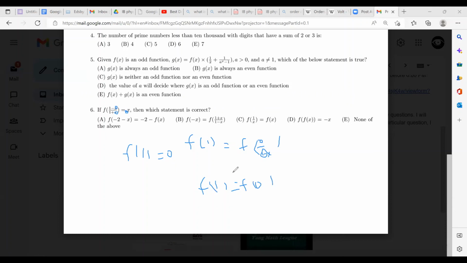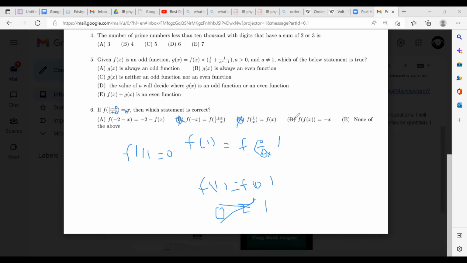But if you were to input 0 in my new expression for f of x, you will get f of 0 is actually equal to 1. So you get 1 on this side and 0 on this side, and that doesn't make much sense. So it's not B either.